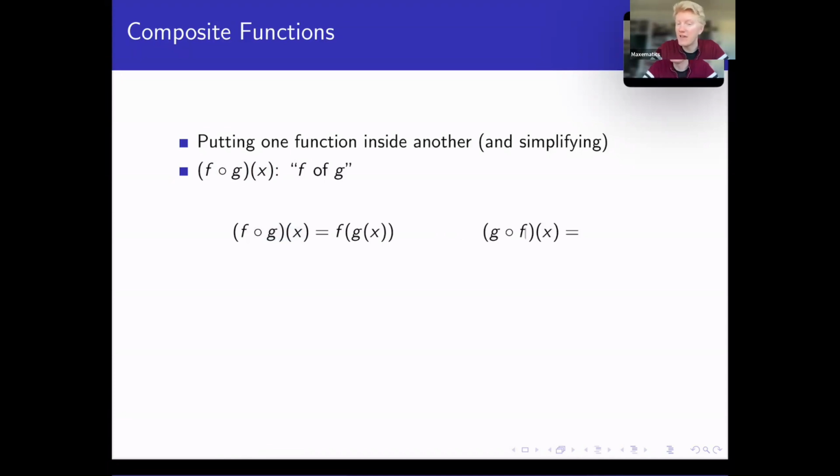Then we also have g of f. Same thing. We have this outer function with the inner function f of x plugged in. F of f, okay. I joke in my classes saying it's a little cannibalistic, but that's kind of what it is. You're taking f of x and you are plugging f of x into itself. And same thing for g of g.